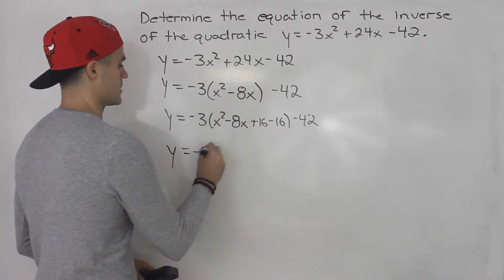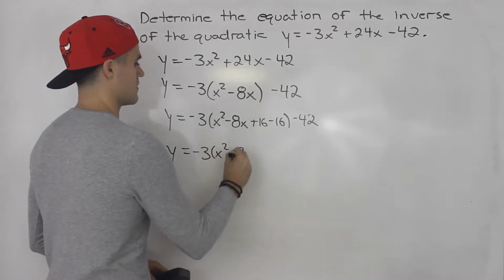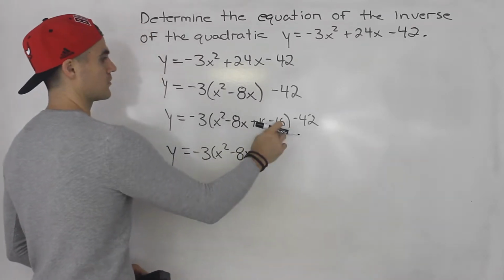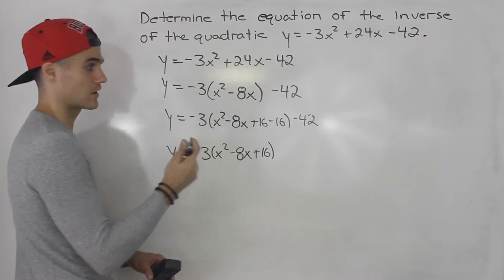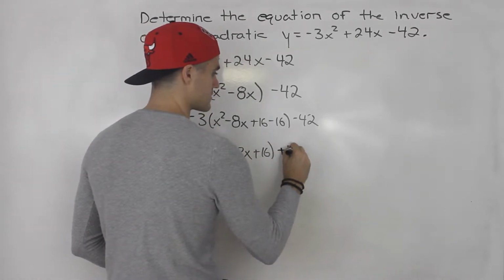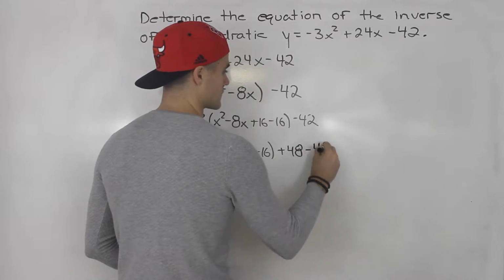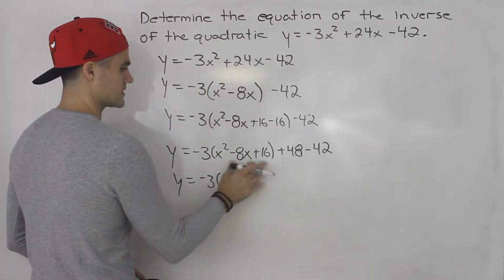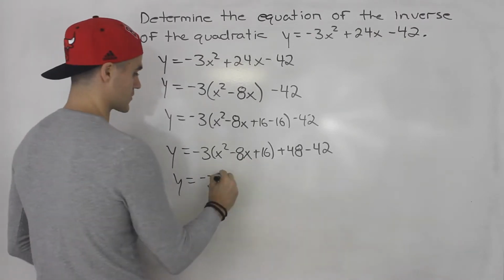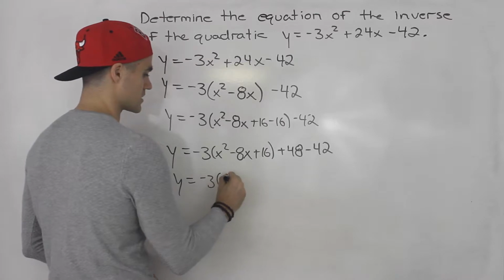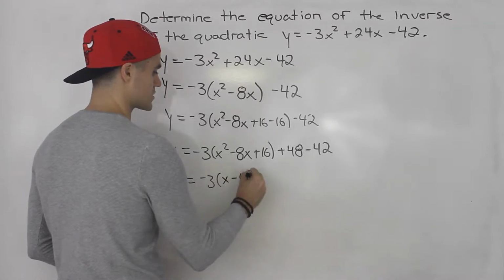And then from here, what do we do? We have to take out this negative 16. But when we take it out, we've got to multiply it by what's in front. So negative 16 times negative 3 gives us positive 48. This is minus 42 here. And then this here will always be a perfect square trinomial if you did the b over 2 squared part correctly. So this is going to be x minus 4 squared.